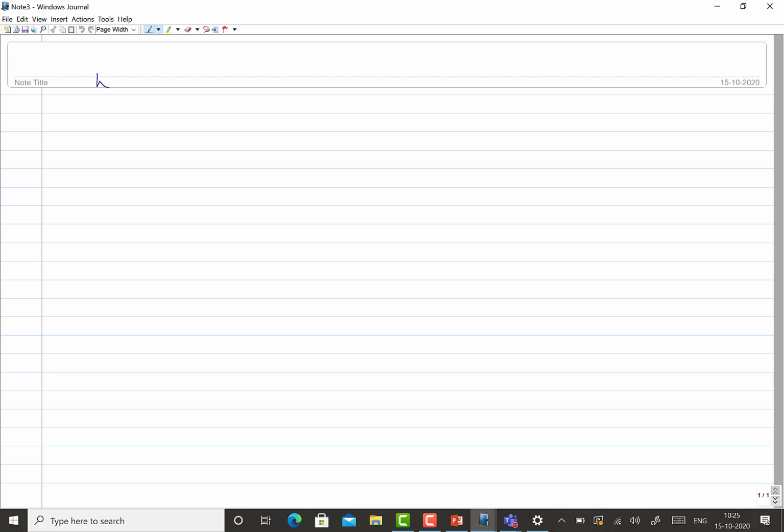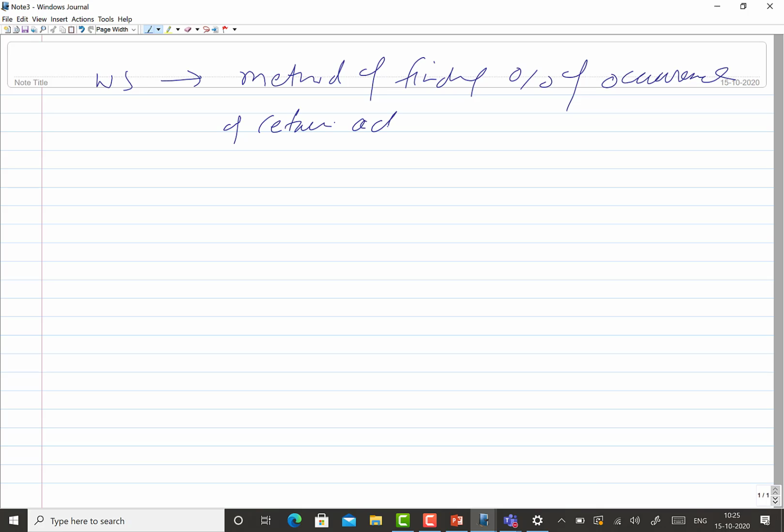If work sampling is to be defined, it's a method of finding the percentage of occurrence of certain activity.